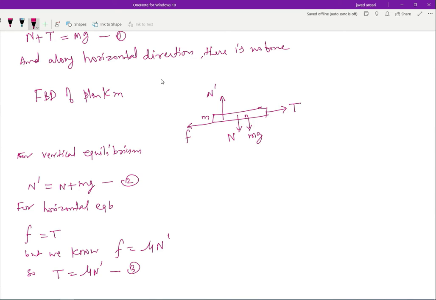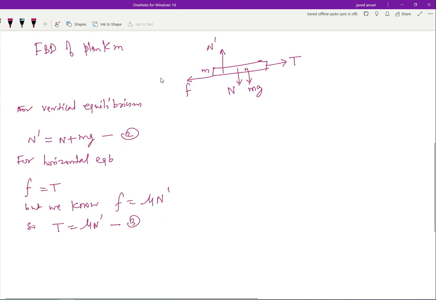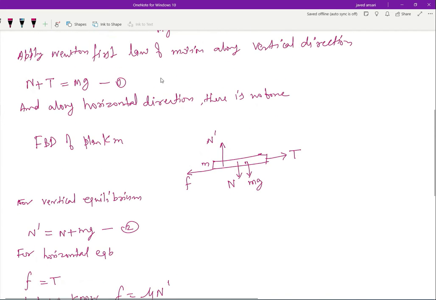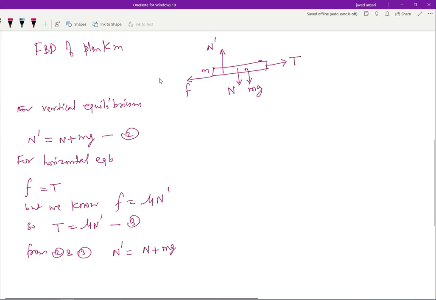You can just solve these three equations and get the value of T. So from 2, N dash equal to N plus mg. This gives N equal to N dash minus mg.